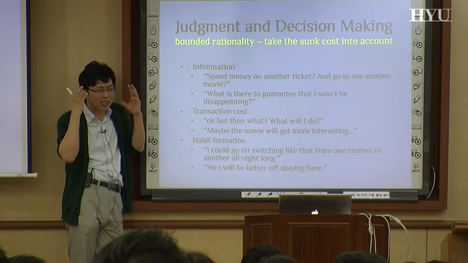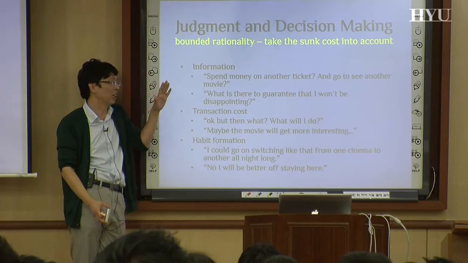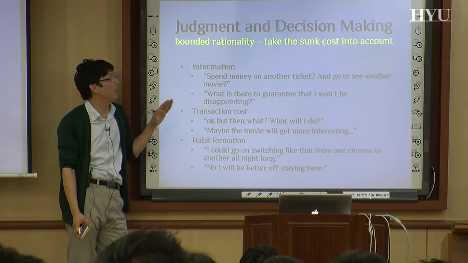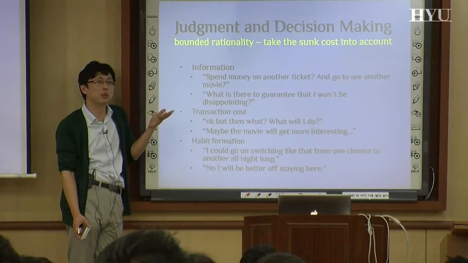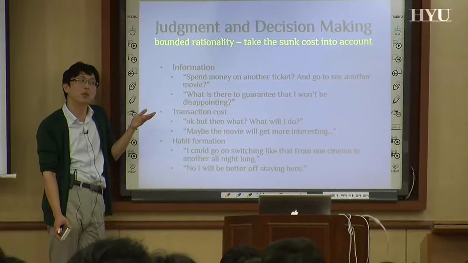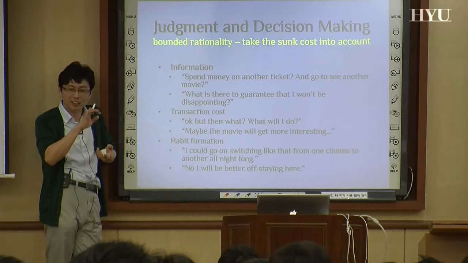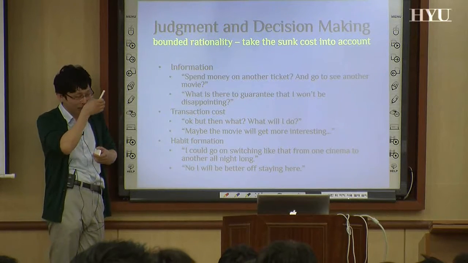I have too much information in here. Okay. Well, can I compromise? Just think about it. What is there to guarantee that I won't be disappointed when I go to the next movie? Is it guaranteed that movie is really nice? That's why you have to Google search it. Oh, movie reputation. Okay, so that's why you do it.